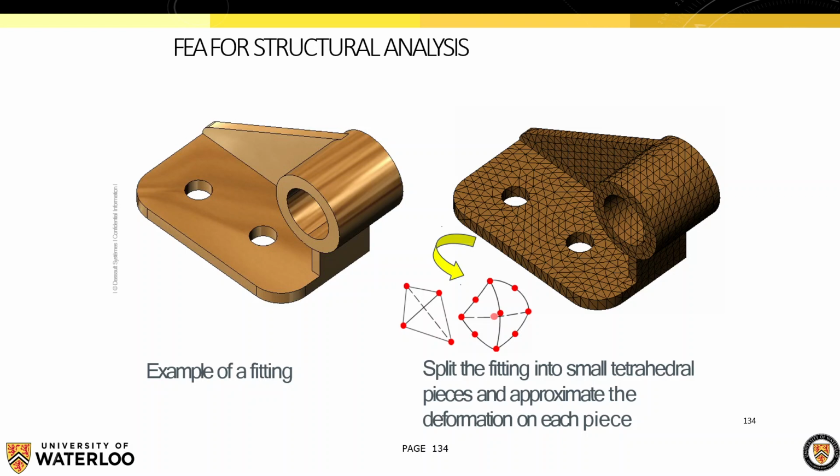I guess the truly final ingredient is the mesh, and we talked about what type of mesh elements you can use, what shape are those bricks. So if we want to model this particular bracket, it's called a fitting here, but just think about it like a bracket. In this case, we can split this geometry, because it's like plates and cylindrical tubes all meshed together, into these small, what are called tetrahedrons, and it's just like a pyramidal type structure.